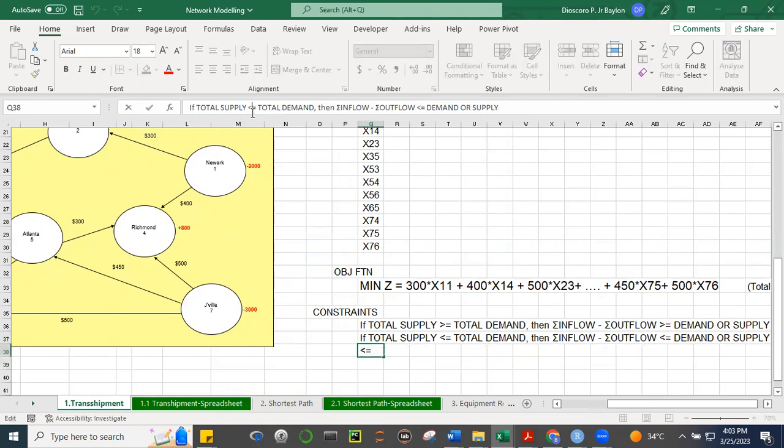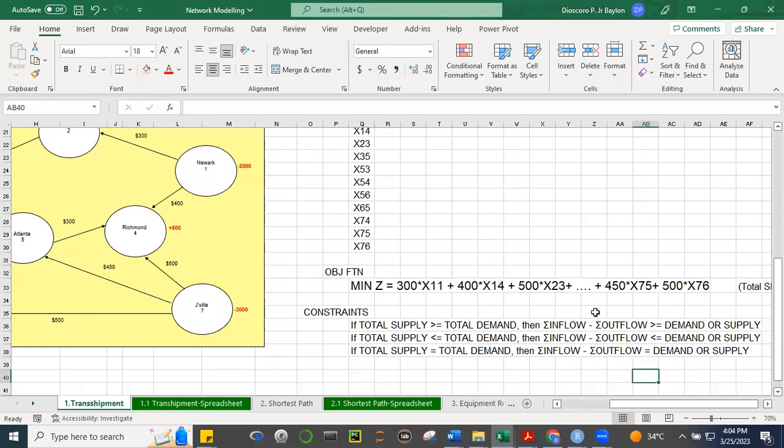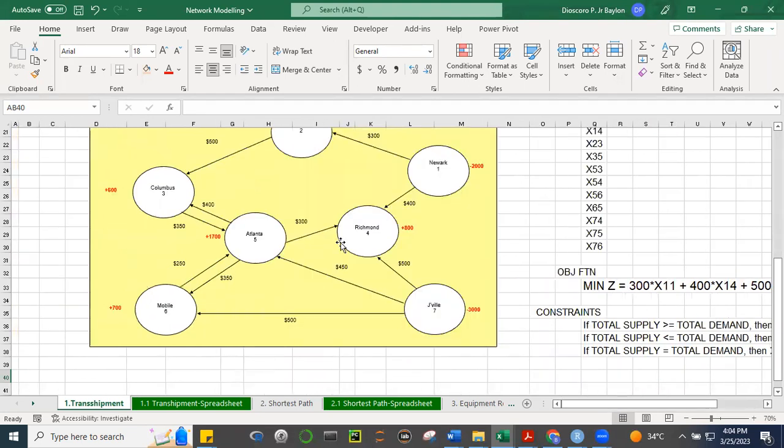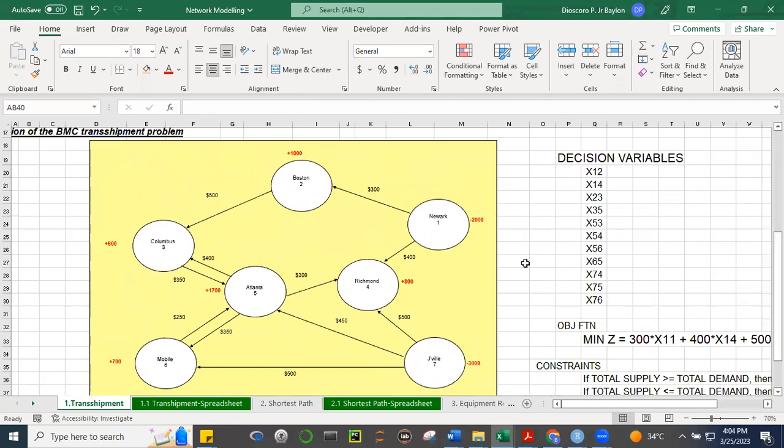If total demand is equal to total supply, then summation of inflow minus summation of outflow should be equal to the demand or supply. Now take note, the formula is demand or supply because the nodes are either demand or supply. So for example, let's take a look at node number 1. What is the constraint for node number 1?